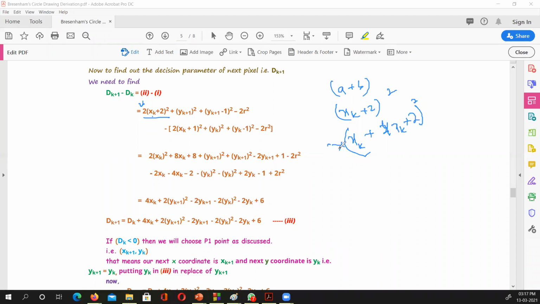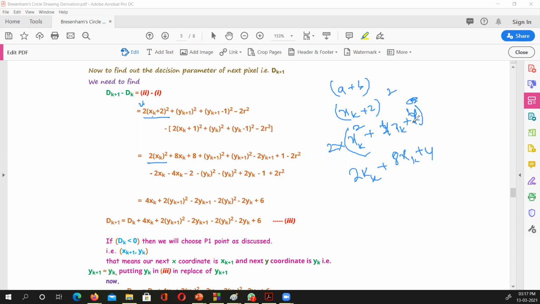Now you multiply by 2, then it becomes twice x_k squared, plus 2 into 4 is 8 x_k, plus 4, right? That is what is written here, twice x_k squared, because this is a, this will be a squared plus twice ab plus b squared. Because 2 squared becomes 4.